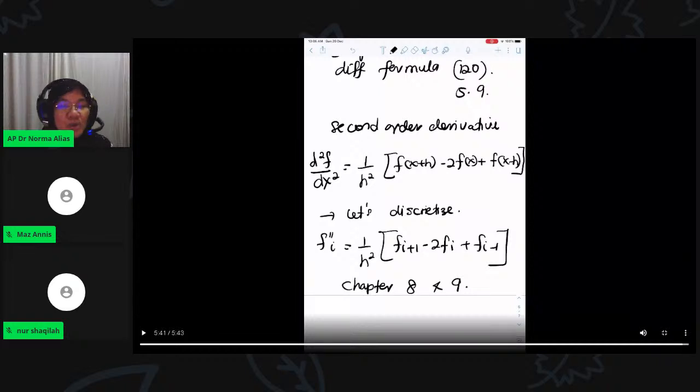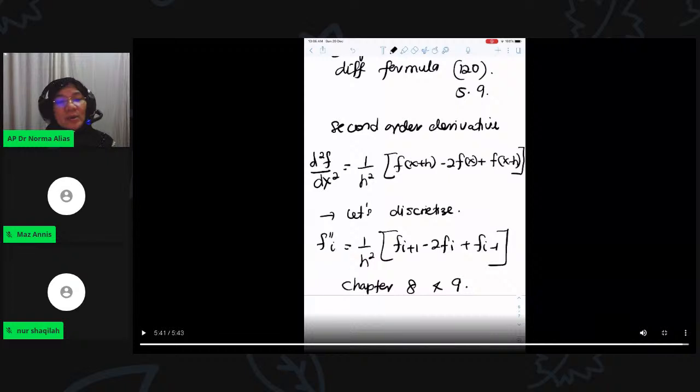All right. For the center difference formula, backward difference formula and forward difference formula for the first order derivative, you can also write it like this. f'(i) is equal to f(i + 1) minus f(i - 1) divided by 2h for the center difference formula.